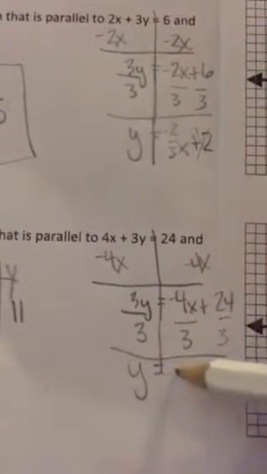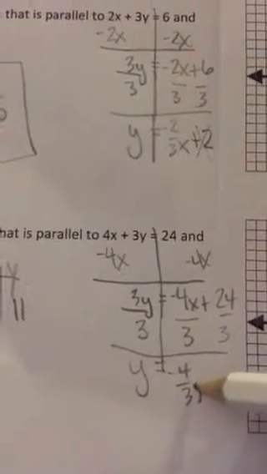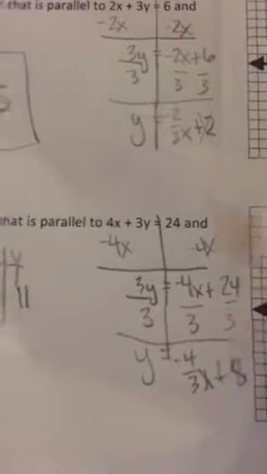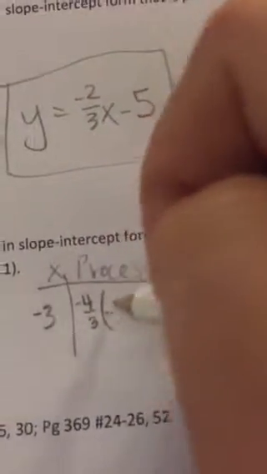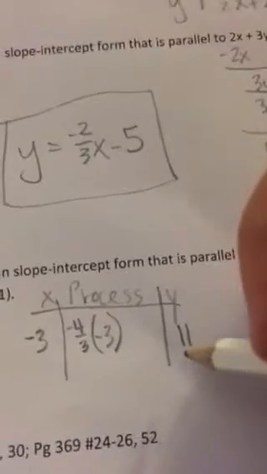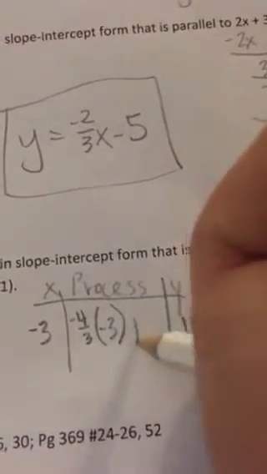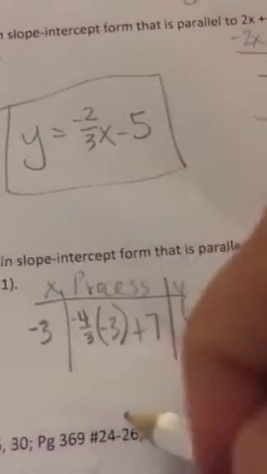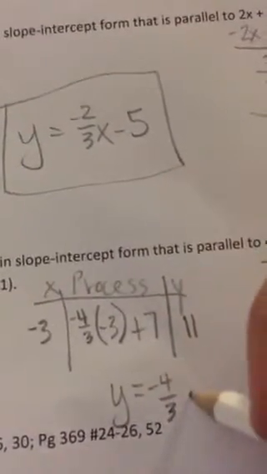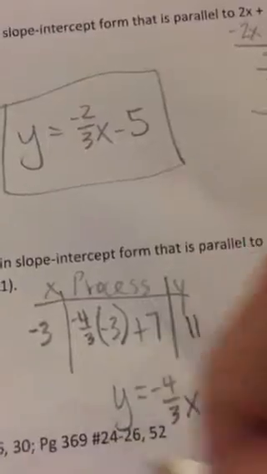So y equals negative 4/3 x plus 8. So I'm going to do negative 4/3 times negative 3, which is going to be positive 4. And then to get to 11, I'm going to add 7. So this is my equation in here. So y equals negative 4/3 x plus 7 is what I need on that one.